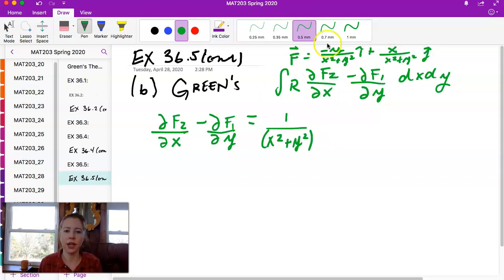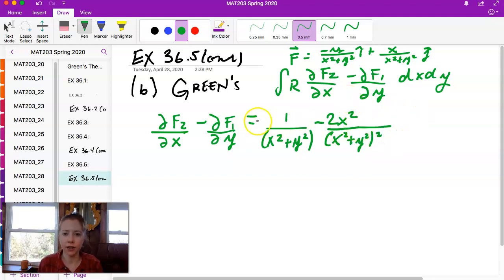Okay, so we're just taking the partial derivative here of our y component with respect to x. So we're going to get 1 over x squared plus y squared minus 2x squared over x squared plus y squared squared.